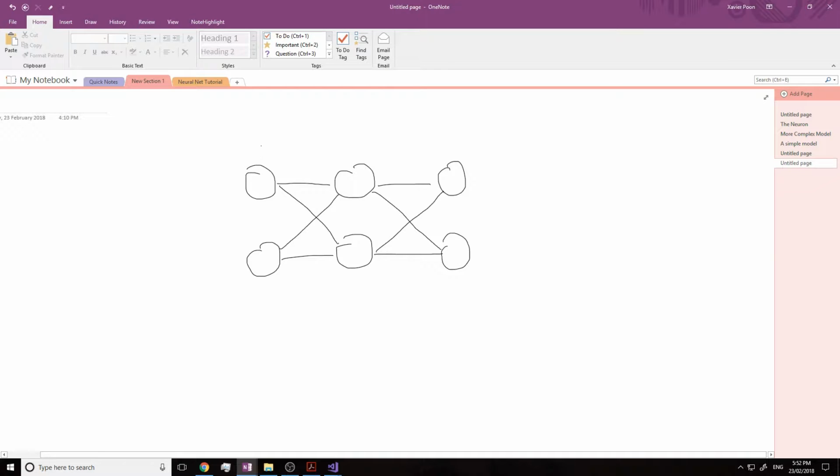And let's give a name to each of these layers. The last layer is always the output layer, and the first layer is always the input layer. Any layer in between, now, we only have one, but you can have as many as you like. They're all called hidden layers.